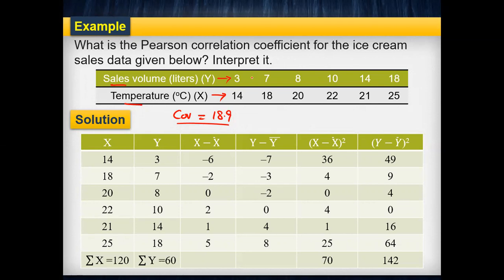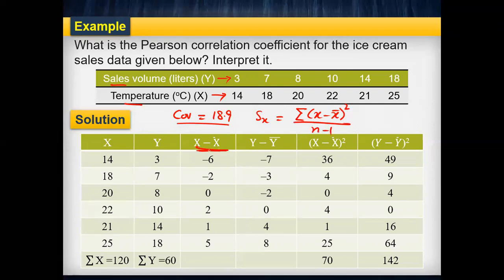But if you don't use a calculator, you have to use the formula, and the formula for standard deviation of x is the square root of the sum of x minus x bar squared, divided by n minus 1. This formula requires you to first take the deviation from x, then take its square, and get the sum.